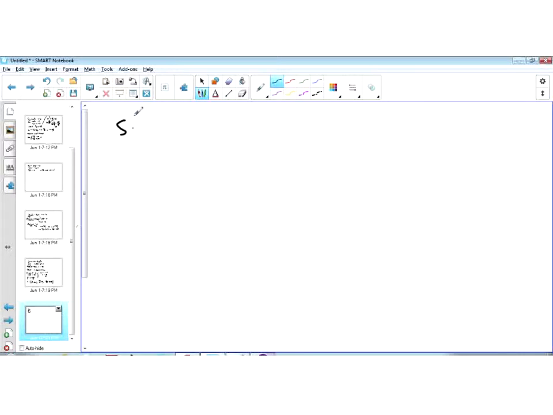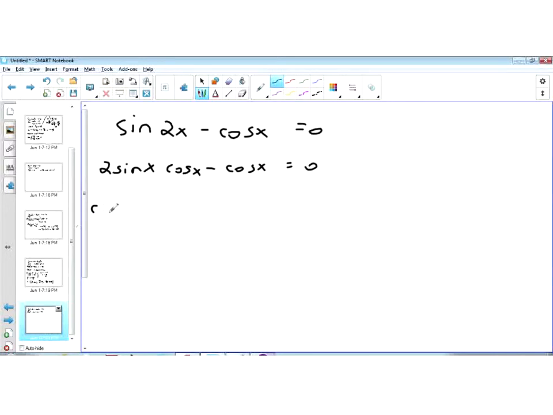Next problem. So how about we solve this equation? Sine 2x minus cosine x is equal to 0. Okay, so we can do the expansion of sine 2x. Sine 2x is 2 sine x cosine x, minus cosine x is equal to 0.